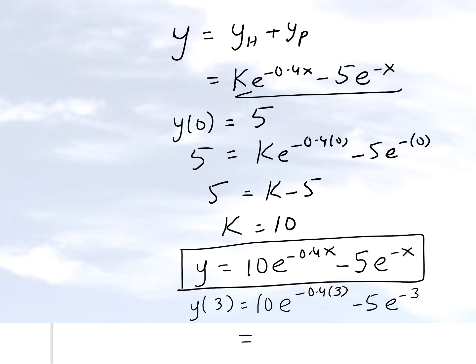And this number turns out to be 2.7630. So that is the exact value of y at 3 up to 5 significant digits based on the exact solution. And that is the end of this segment.